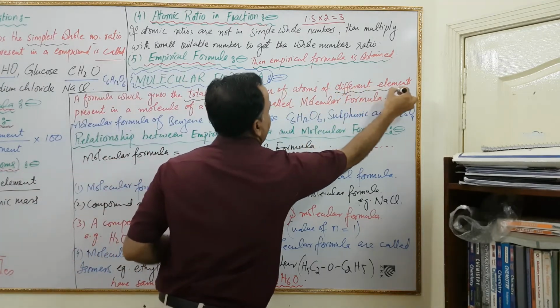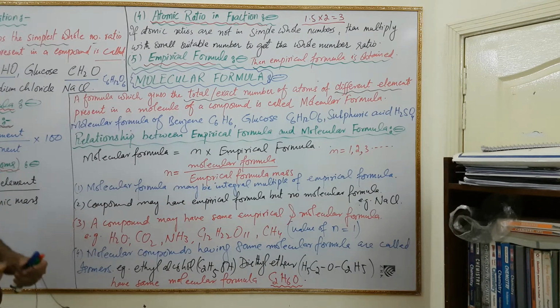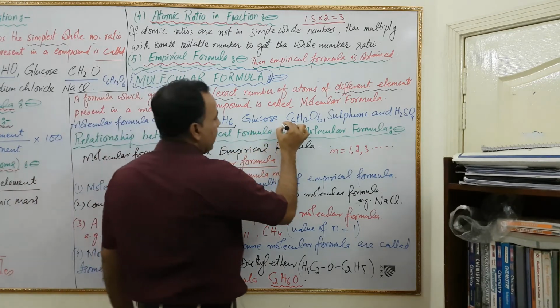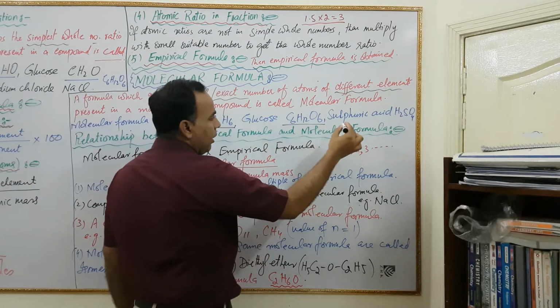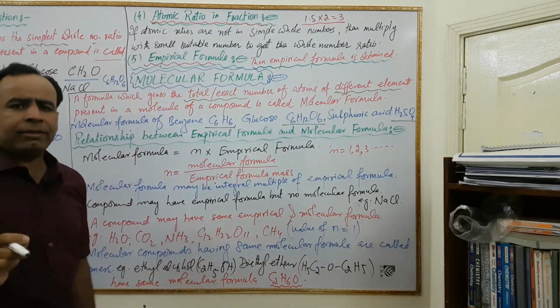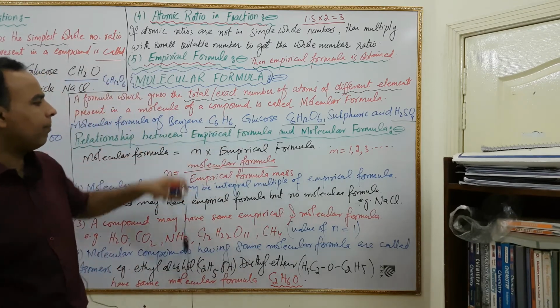For example, the molecular formula of benzene is C6H6, glucose C6H12O6, sulfuric acid H2SO4. These are the exact or actual numbers of atoms which are present in the following compounds.